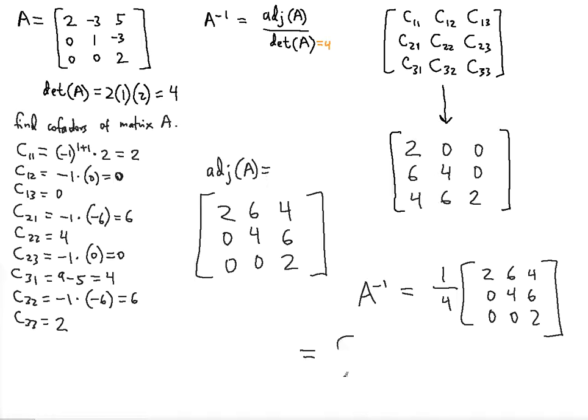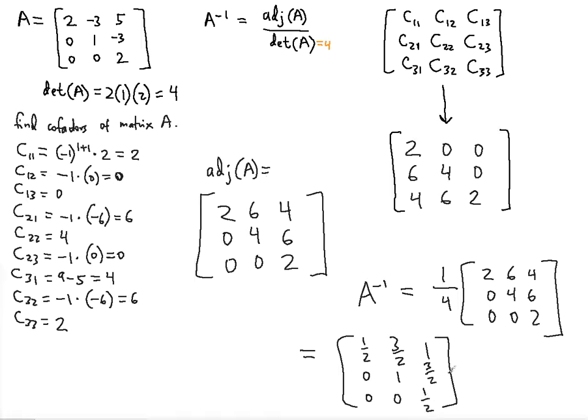Simplifying that will give us the answer. 2 over 4 is 1/2. This constant applies to all these entries, so you multiply them. 6 over 4 is 3/2. 4 over 4 is 1. 0, 1, 3/2, 0, 0, 1/2.